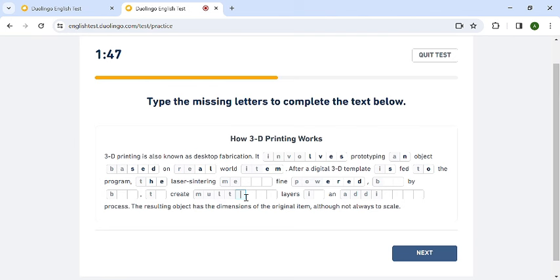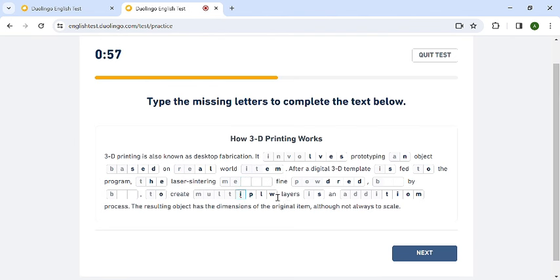Create more multiple layers is an addition process. Wow, the laser station method sets the power to the program. The laser sensory machine powered.